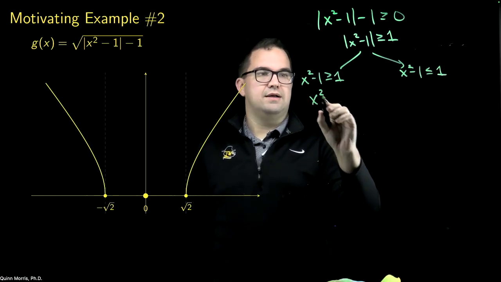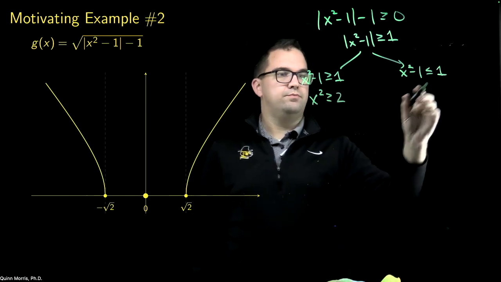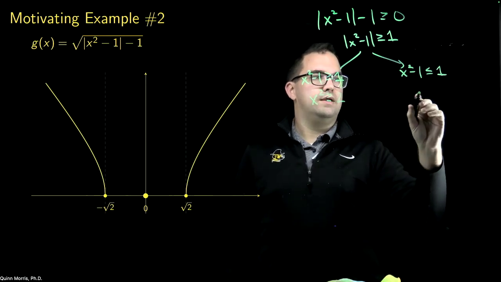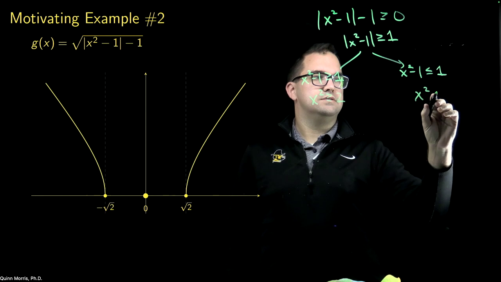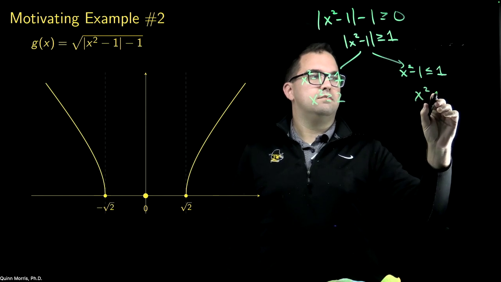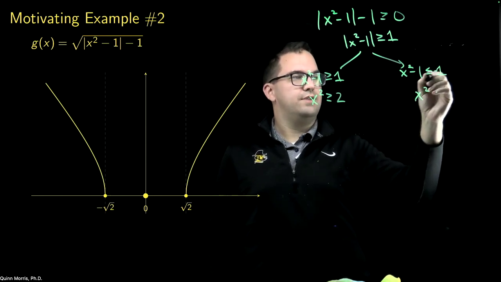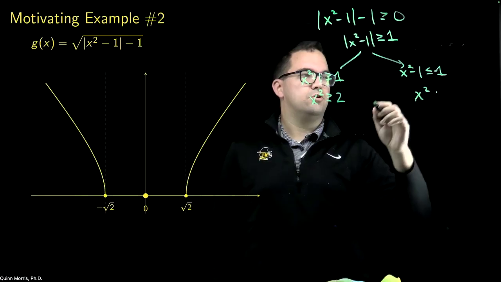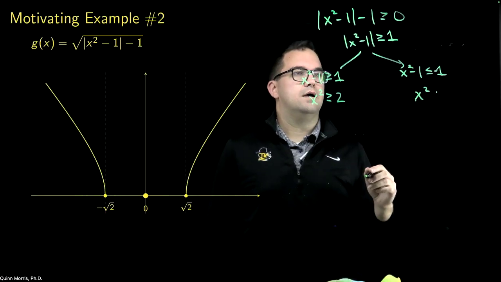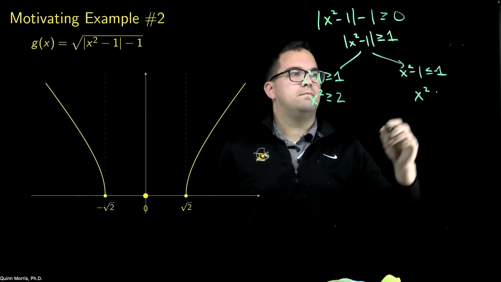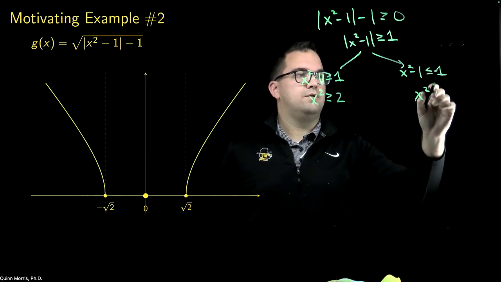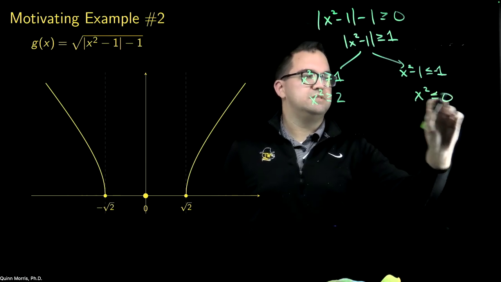The first case occurs when x squared is greater than or equal to 2. Sorry, something's wrong here. The second one should be x squared minus 1 less than or equal to -1, but add 1, adding 1 gives me 0.